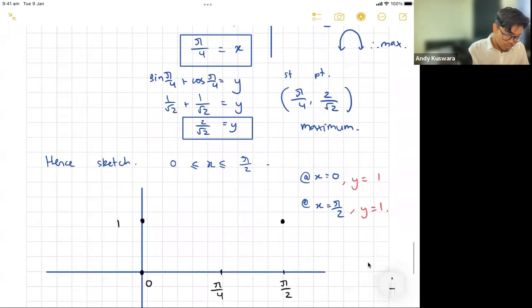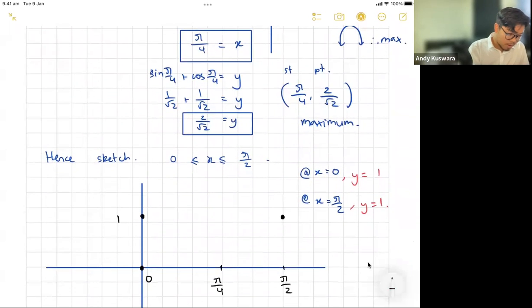And it's going to be 2 on root 2, which, in my understanding, is greater than 1, because it's a max. So I can see that's going to be my graph just in between 0 and pi on 2.